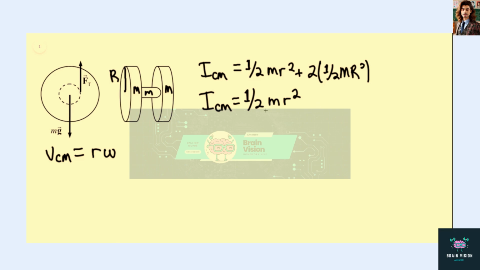And so the moment of inertia through the center of mass would be 1/2 mr squared plus MR squared.